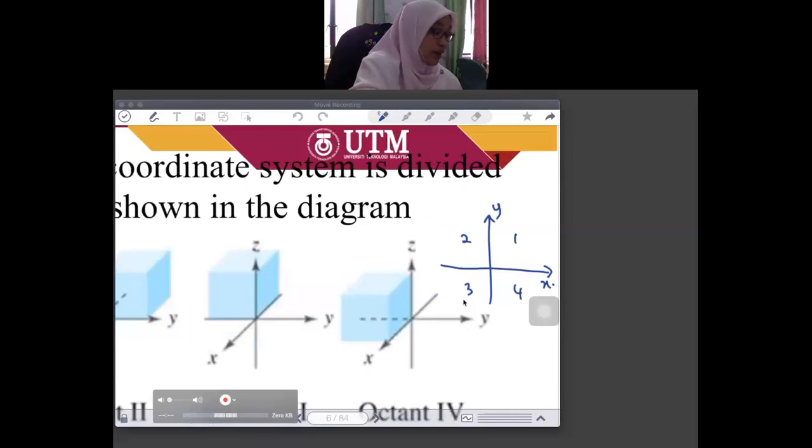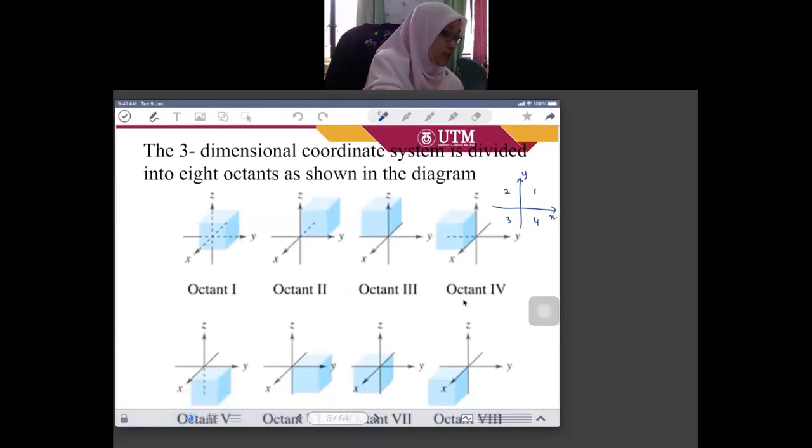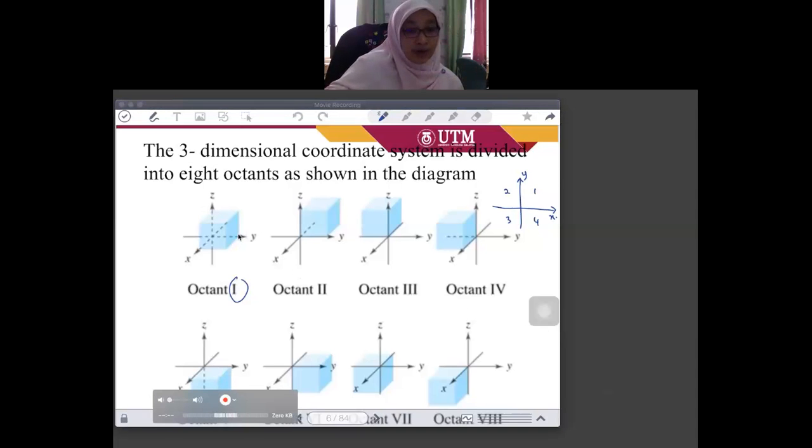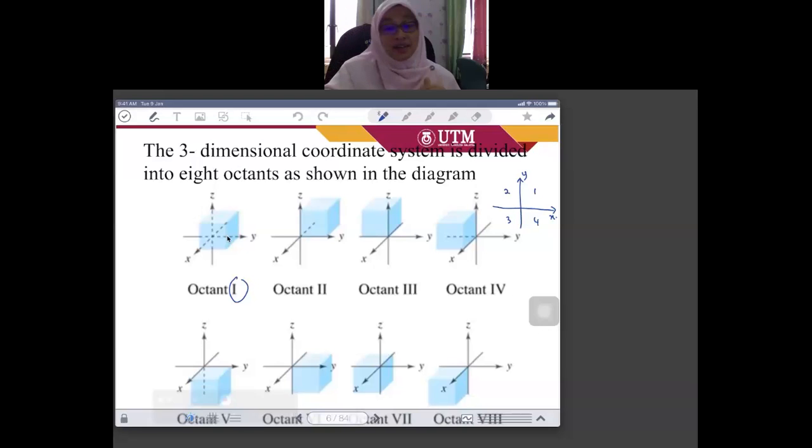So when you have the first octant, octant 1, your x, your y, your z are all positive. Whatever point lies in the first octant, the values of x, y, z are positive. And for the second octant, y is positive, z is positive, x is negative, and so on.